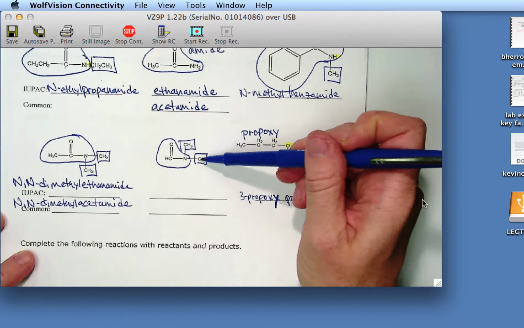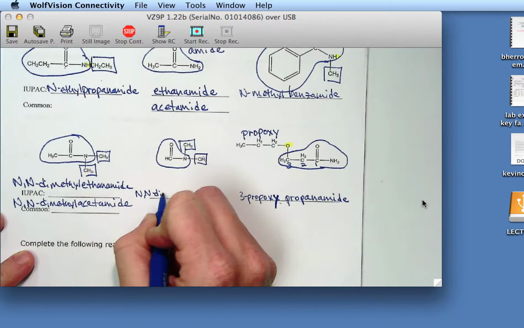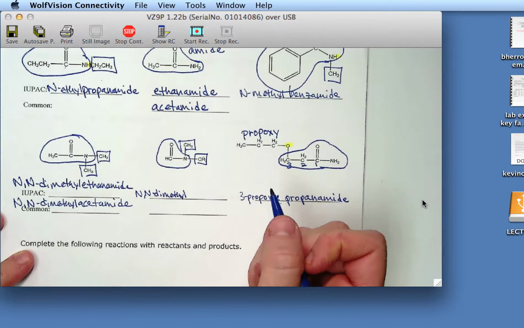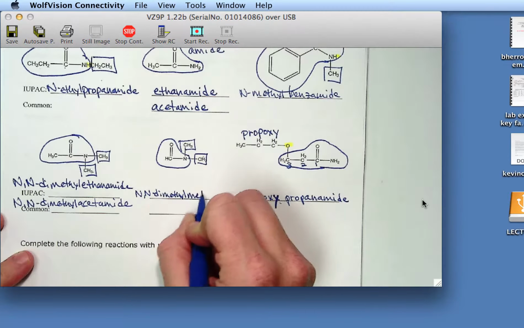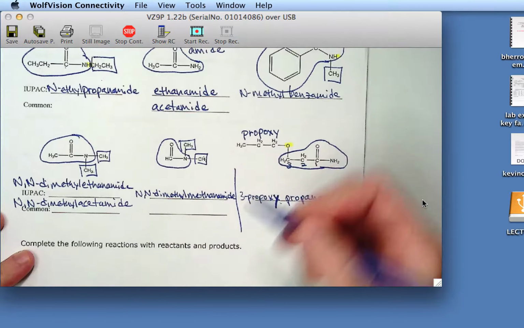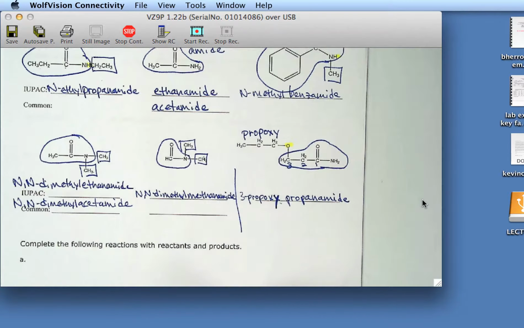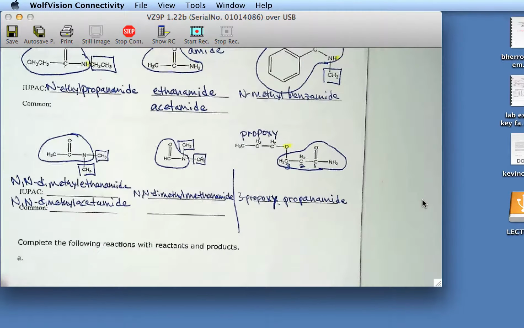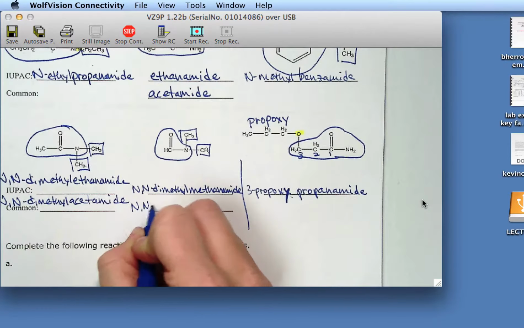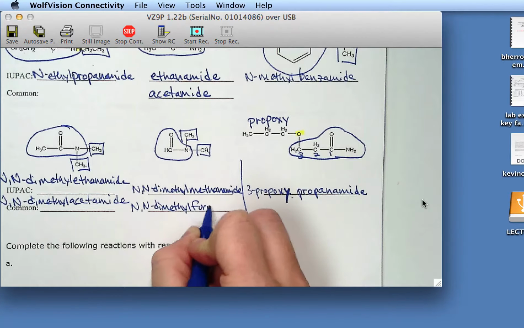All right, so N,N-dimethyl methanamide, because it's a 1-carbon parent. And then the common, what root would you use? Form. So N,N-dimethylformamide.